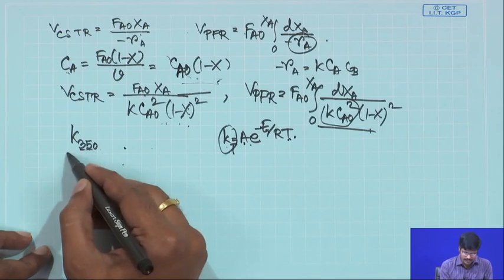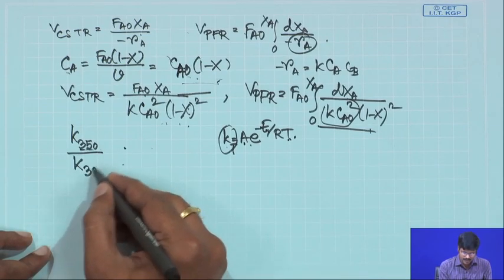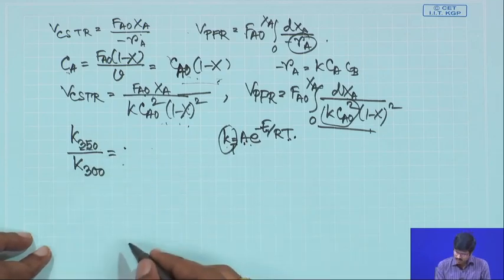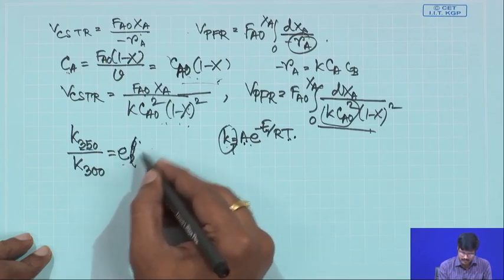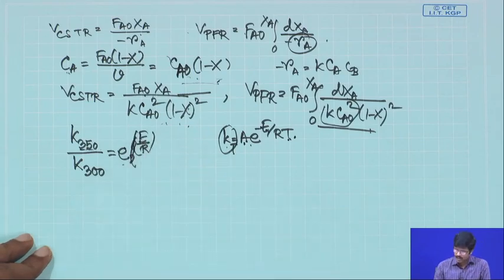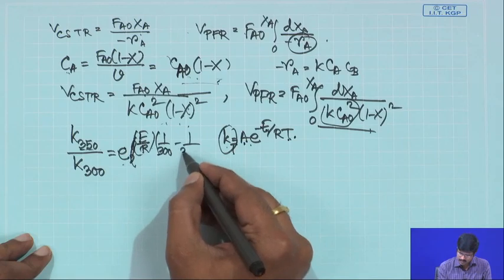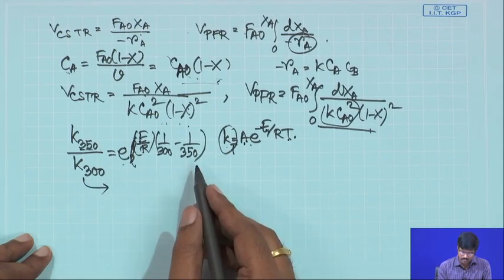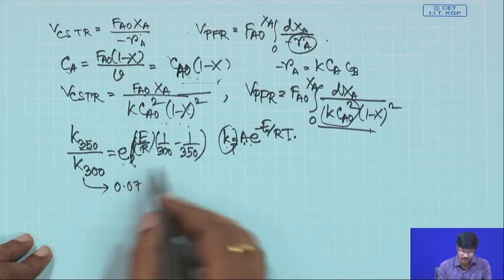So, what we can do is take a ratio of K 350 to K 300, then this A will cancel out and we will get e to the power E by R into 1 by 300 minus 1 by 350, and this value is already known, this value is 0.07 decimeter cube per mole per minute.